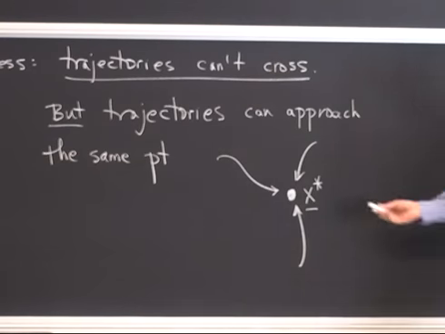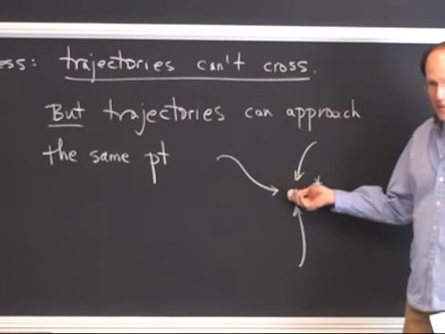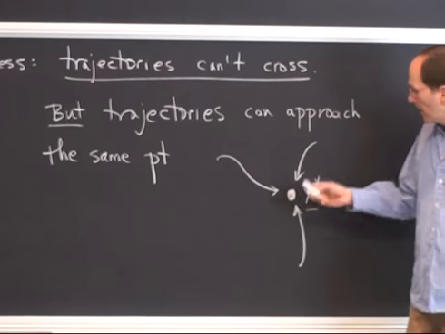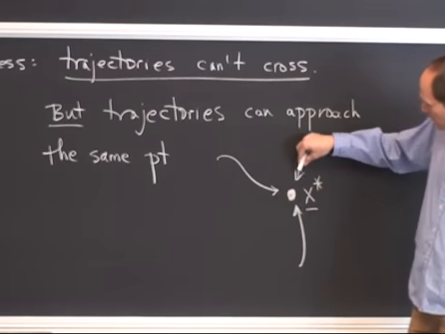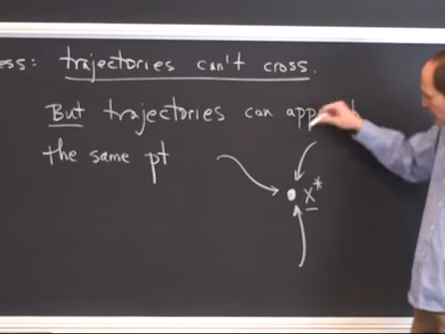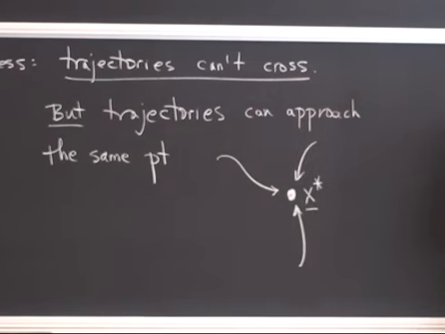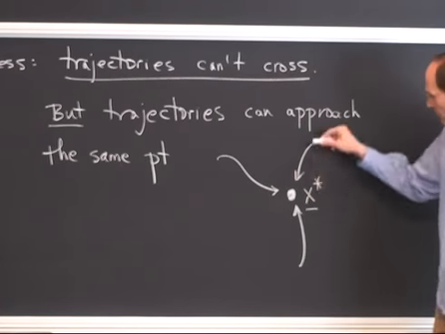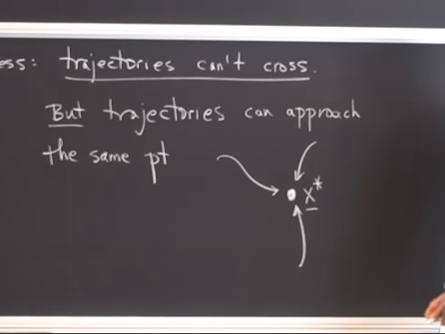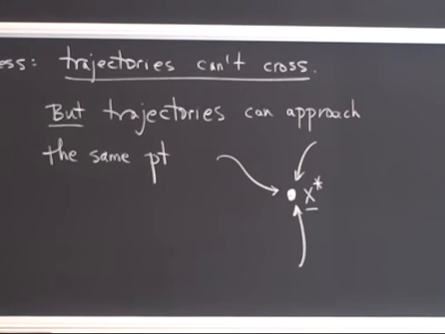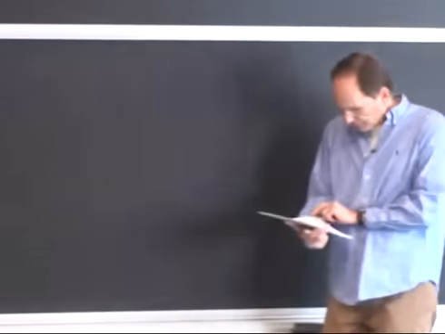If you're at the fixed point exactly, then you just stay there. That's what it means to be a fixed point. These other trajectories don't actually touch the fixed point. They're just approaching it. You might say at infinite time, yes, they would touch it, but for any finite time, they don't. So there is no contradiction, and this is a sort of picture we'll see frequently.